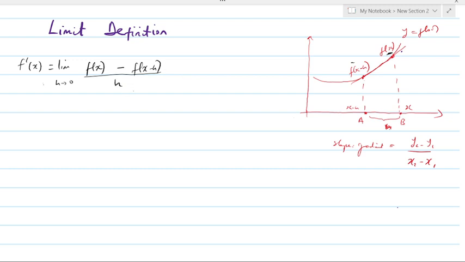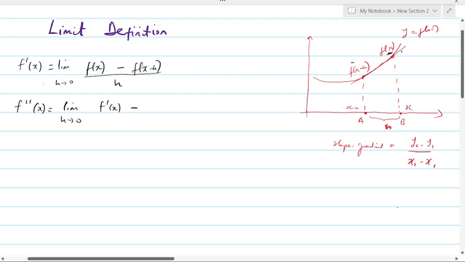Okay, so that is the first derivative using our limit definitions. If we want to go to the second derivative, f double prime, that will give us the limit as h tends to 0, and f double prime will be f prime of x minus f prime of x minus h over h.